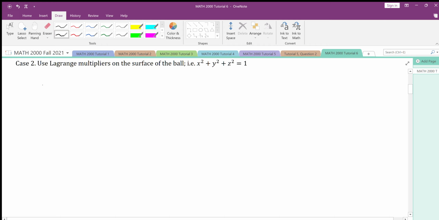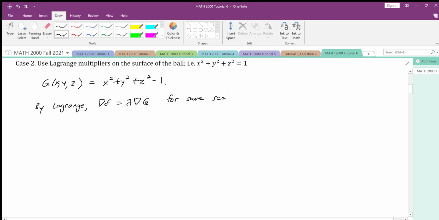Now we have g(x, y, z) equals x squared plus y squared plus z squared minus 1. By Lagrange, we have that the gradient of f is equal to lambda times the gradient of g for some scalar lambda.